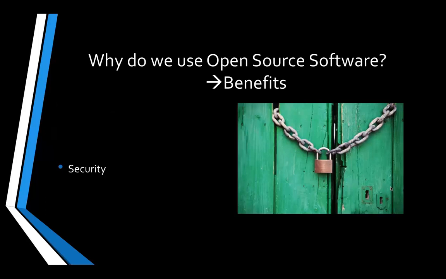And also they can share this software with others, so they can share it with their classmates and check their work, see if there's mistakes that they have, or if there's things they forgot or things they added that they don't need to. So it really allows for a lot better learning experience with open source software, and that's why lots of people prefer it for training.